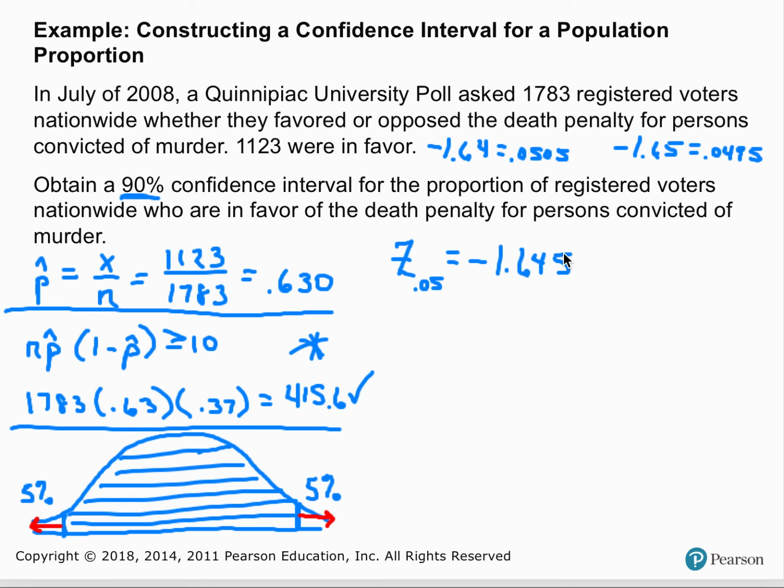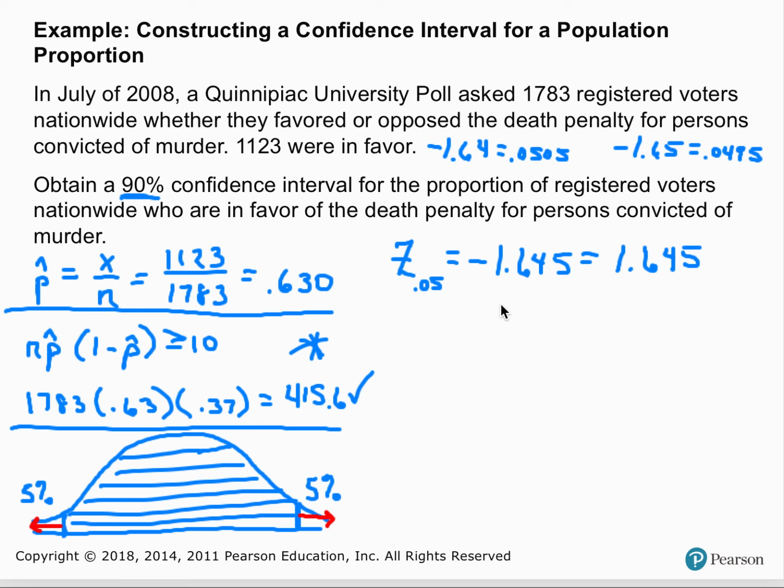And if I don't know what halfway in between is, add these up and divide by 2, take that mean. Because of symmetry, and because my formula uses plus or minus, I can use either one of these. But that's my z value.